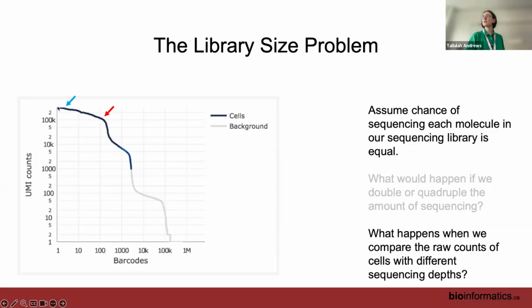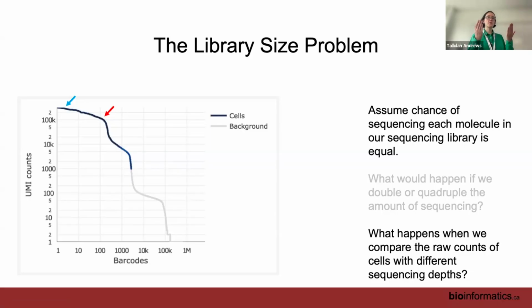At this end, we've got more than 200,000 UMIs per cell, and down here we've got only 100,000 UMIs per cell. So if we were to try and compare those cells to each other, a cell from over here, all of the genes are going to be twice as highly expressed.